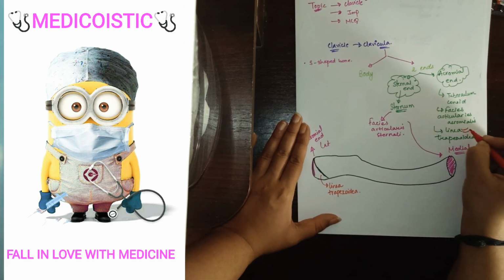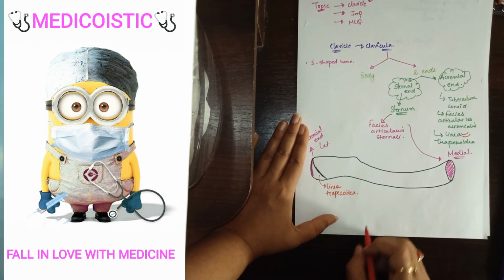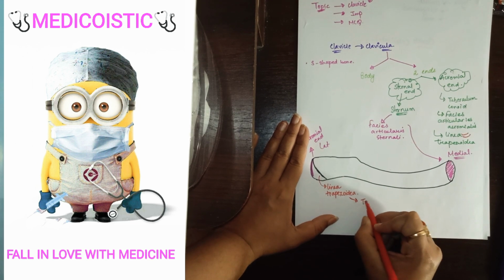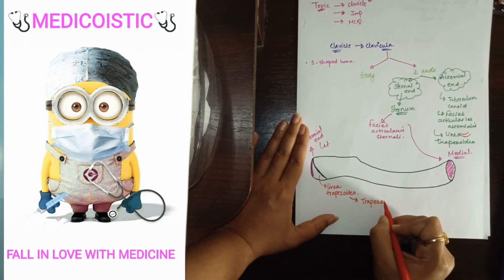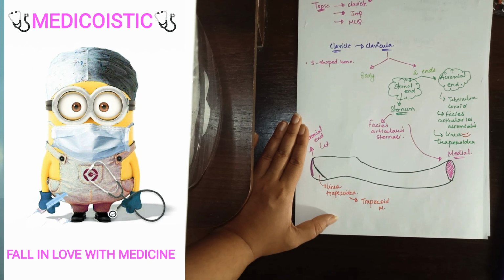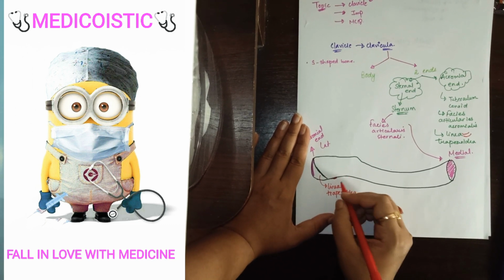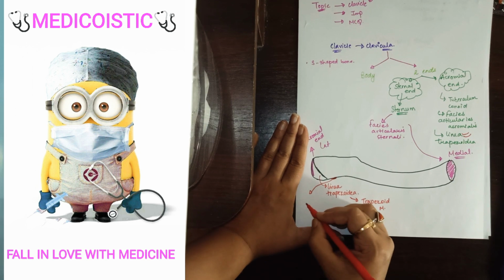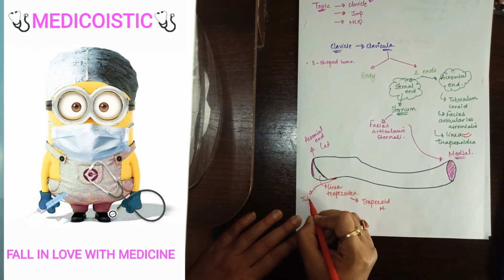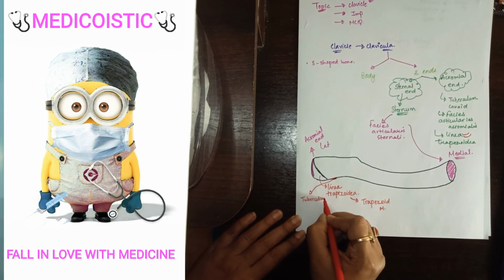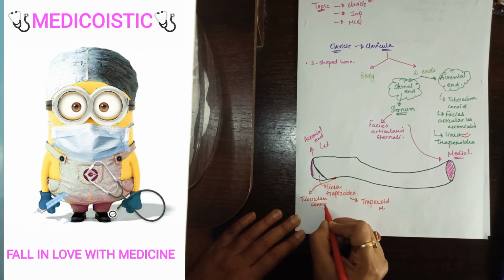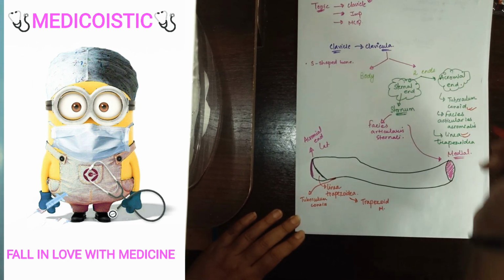Okay, it is found in the acromial end, and it gives attachment to the trapezoid muscle. You will learn soon about the trapezoid muscle. And you can see here a small tuberculum which is known as tuberculum conoid, which is also found in the acromial end.